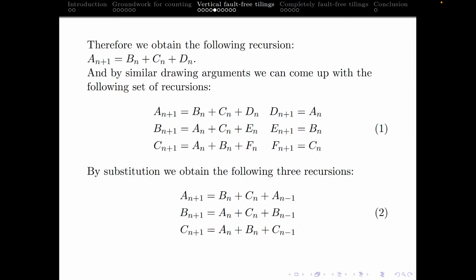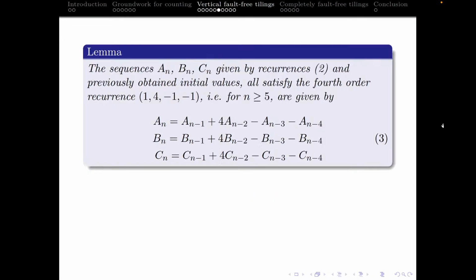So it should lead to some deterministic recurrence of a sequence which is dependent only on its own terms. So basically a recurrence for an only in terms of A, a recurrence for bn only in terms of B, and a recurrence for cn only in terms of C. So that is what we are up to right now, and that is exactly the lemma.